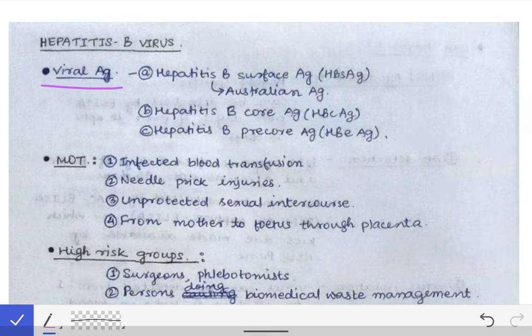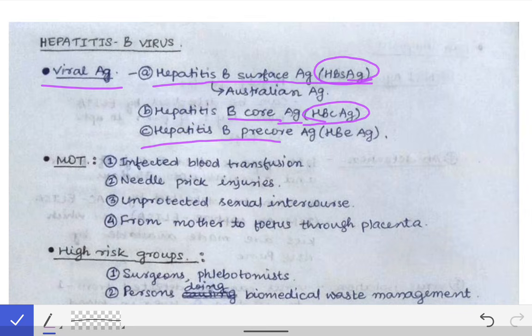The important antigens which help in the diagnosis are the hepatitis B surface antigen, in short written as HBs antigen, hepatitis B core antigen, in short written as HBc antigen, and hepatitis B precore antigen, in short written as HBe antigen. So these are the three important antigens which are helpful in the diagnosis of infection by the hepatitis B virus.